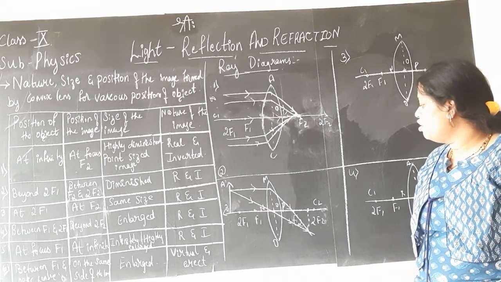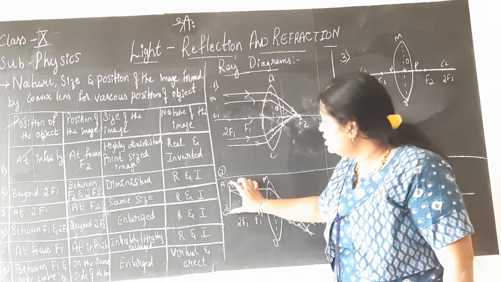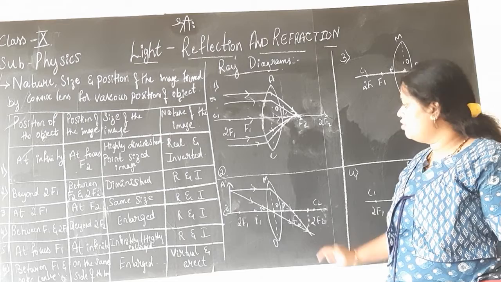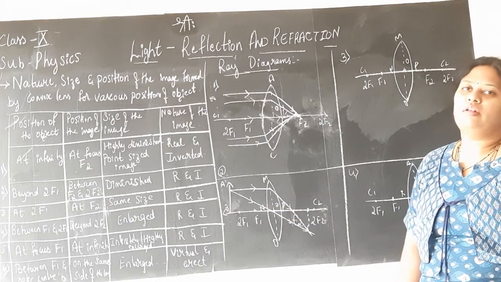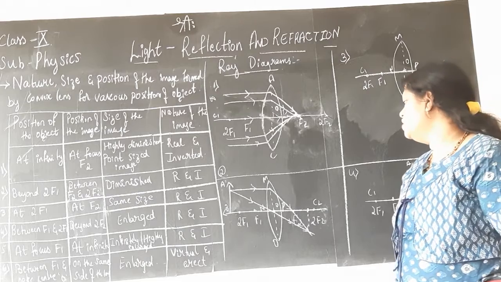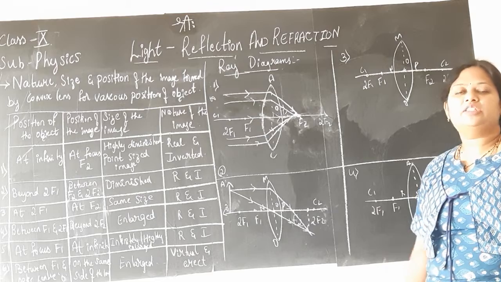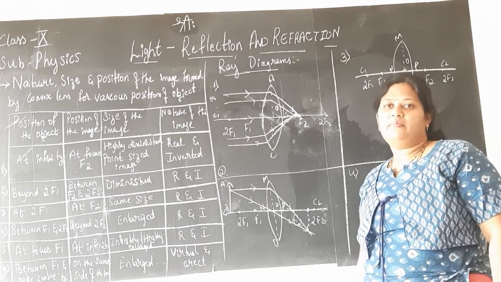What is the size of the image? Look now, this is the size of the object, children, this is the size of the image. So compared to the size of the object, the size of the image will be small. So we say again the diminished image is formed. Whenever the image is formed below the principal axis, then the images are always inverted images.